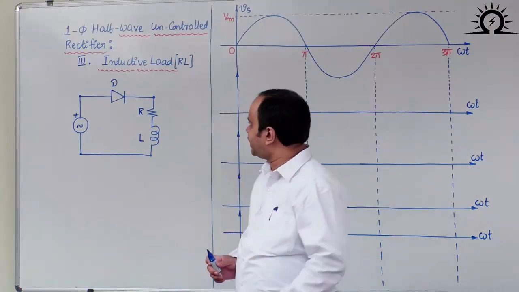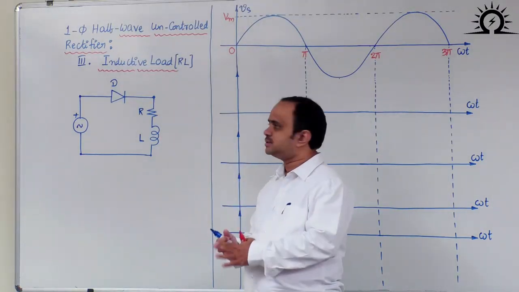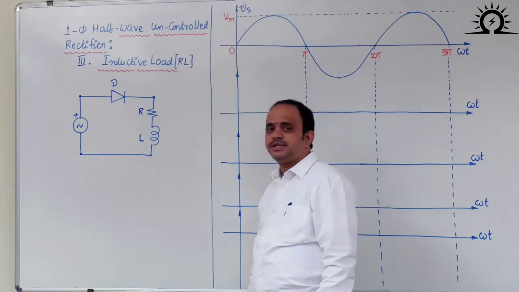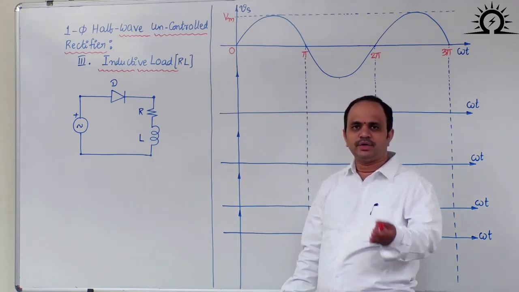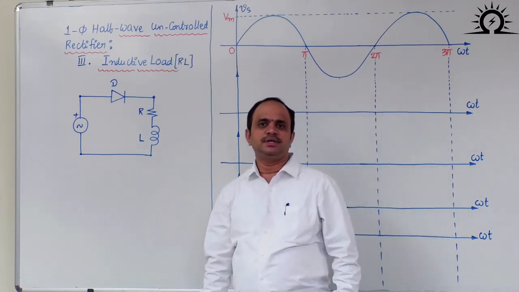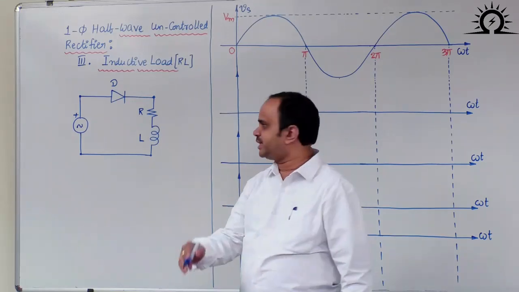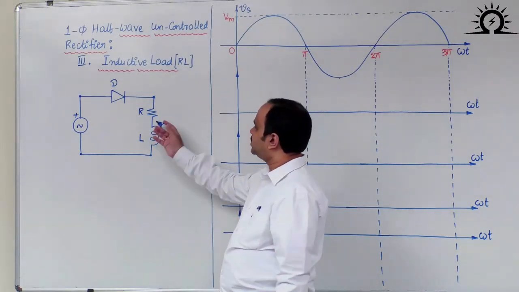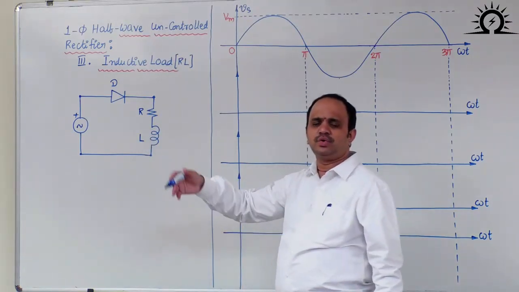Now let us take the third case, that is inductive load. Of course, earlier also it was inductive load, but that was a pure inductor. I told you that a pure inductor is not available. Now let us take one of the non-idealities, that is the internal resistance, or you can also take external load resistance.